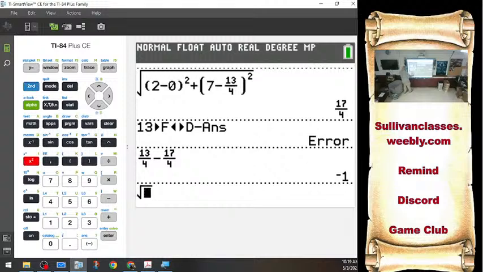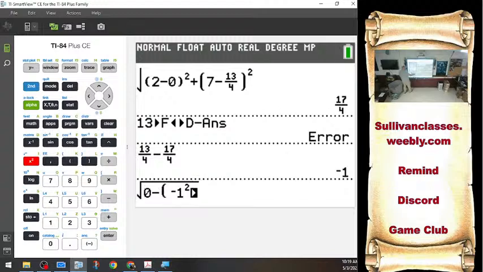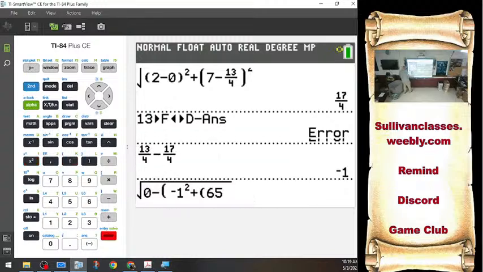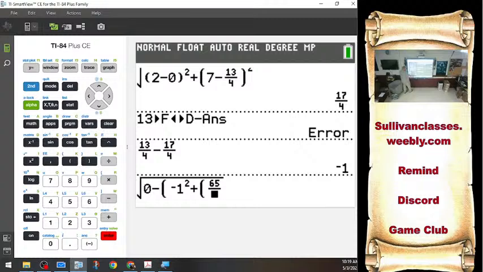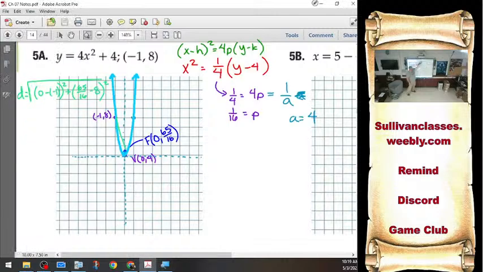Okay, 0 minus -1, parentheses squared plus the quantity 65 over. Screw you, Frank. Keep up. You should try some positive incursion. No. The beatings will stop when morale improves. Okay? Press the buttons. It should be 65/16 if I remember correctly. Okay.